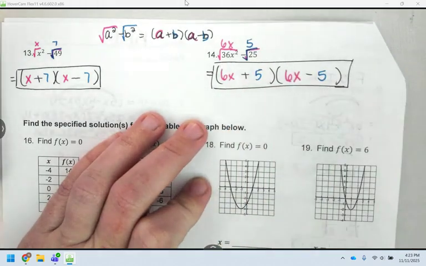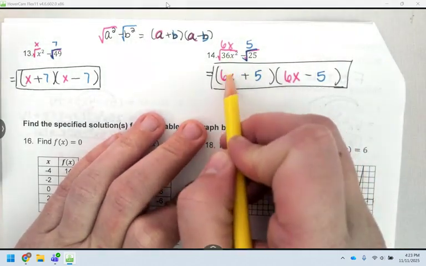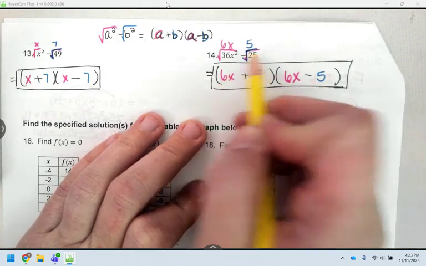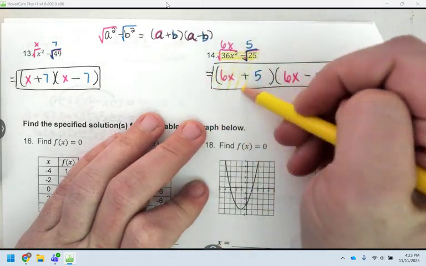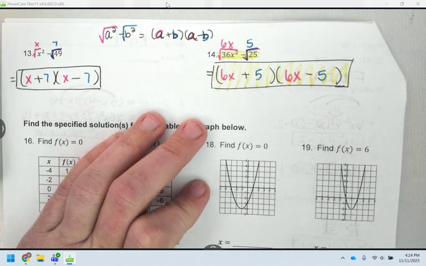And again, we are just simplifying. We are writing these differently, but they are still the same thing. So that means I should be able to type in my original and my answer and see if it gives me the same parabola.